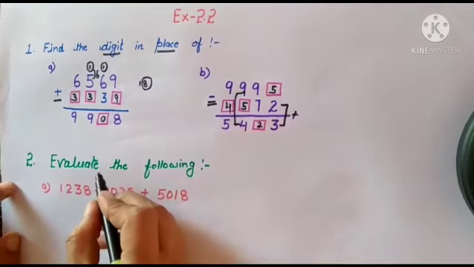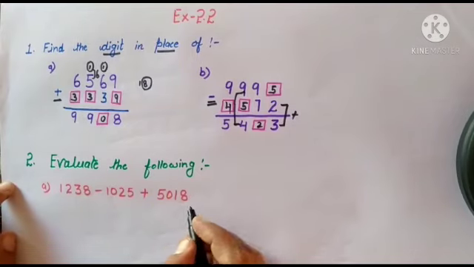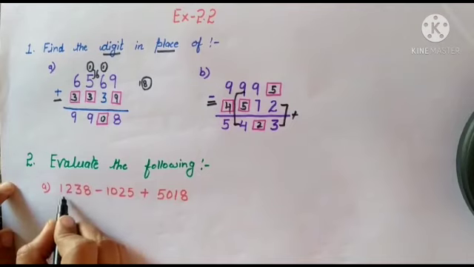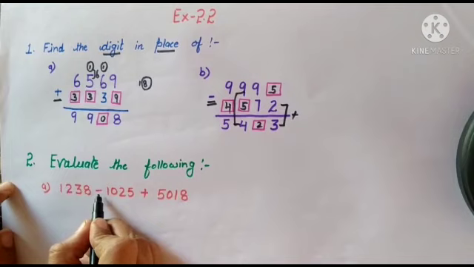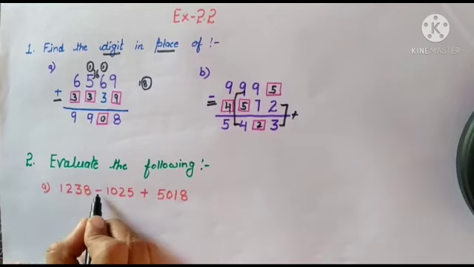The next question is: evaluate the following. We have to evaluate. How will we evaluate it? Let us see. The first sum is like this. Here the sign is minus as well as plus. So the first sign is minus.